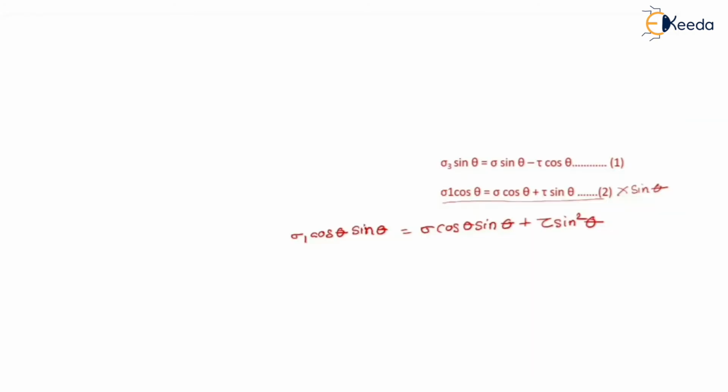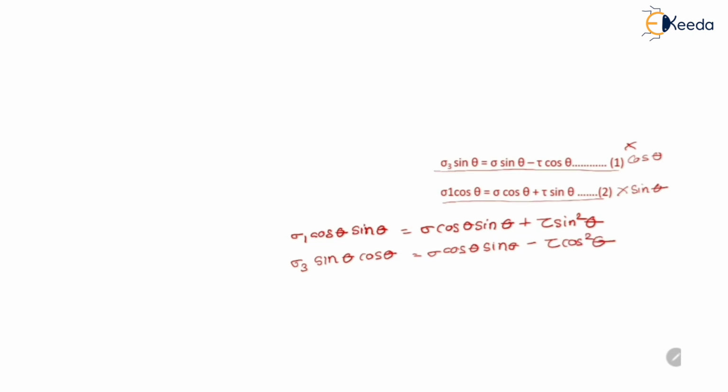Again, if we multiply equation 1 by cos theta, equation 1 into cos theta gives sigma 3 sin theta cos theta equal to sigma cos theta sin theta minus tau cos square theta.